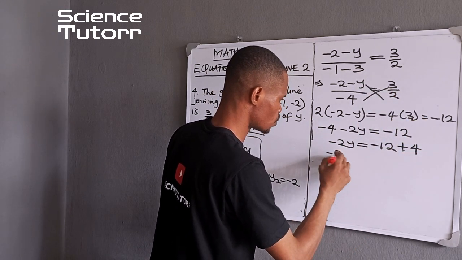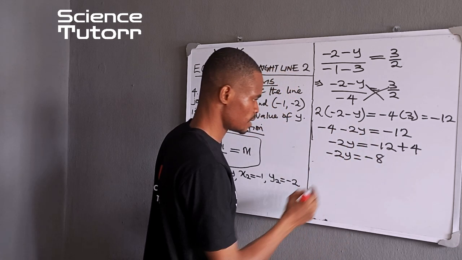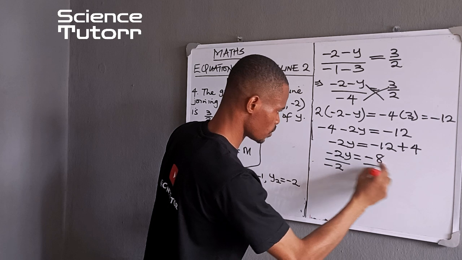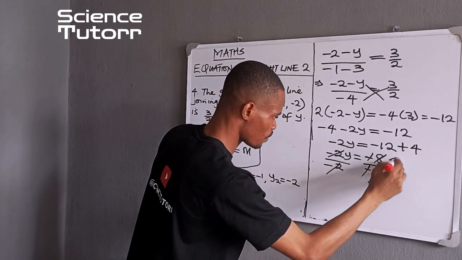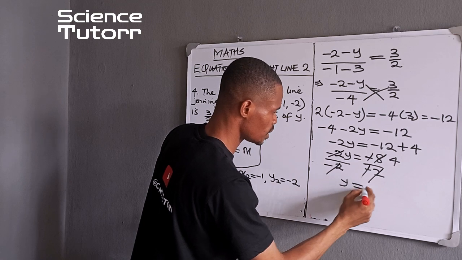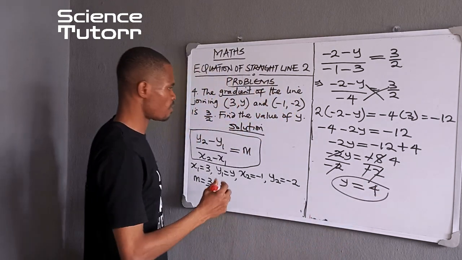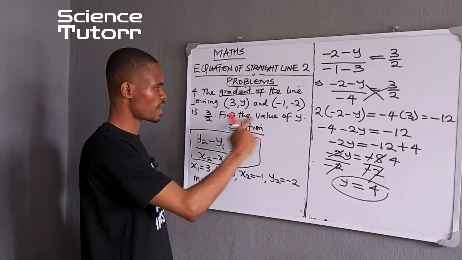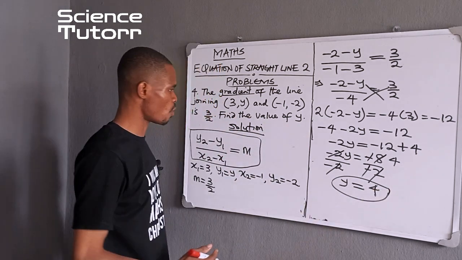So that makes minus 2y to be equal to minus 8. Dividing both sides by minus 2, we have 4, so y is equal to 4. It says find the value of y, so y is 4.